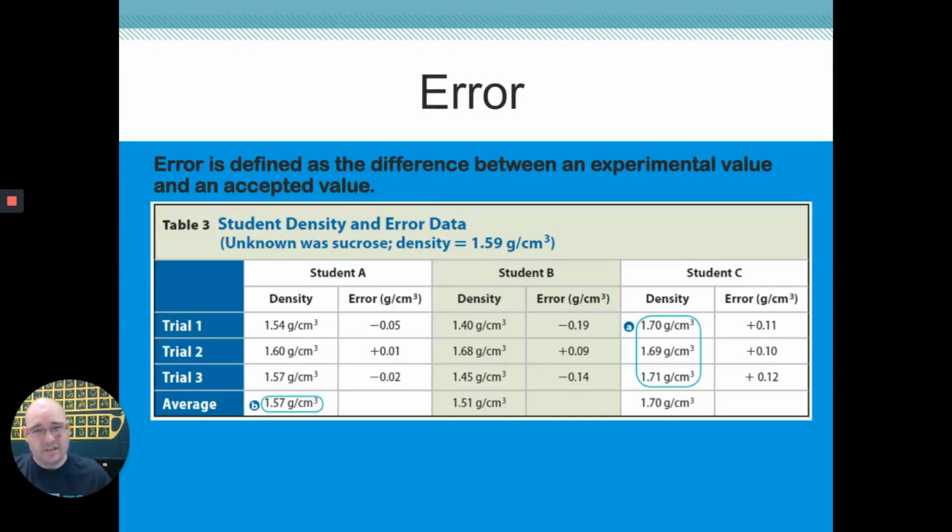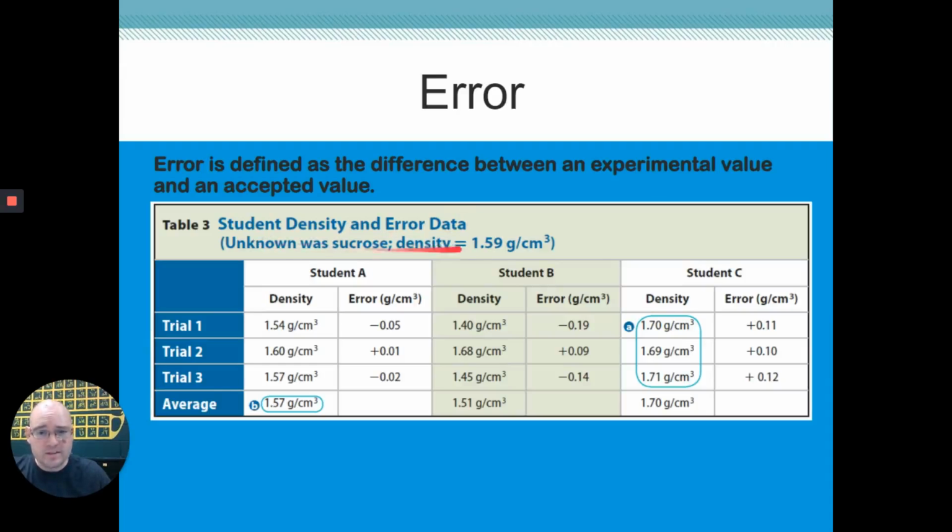Now, because of the way that we do things and the rounding off of numbers that we will do, you may sometimes come up with an answer that has zero error in it. But in truth, that's all a matter of how we are taking our measurements. All measurements have error. The better you are, the less error they have.